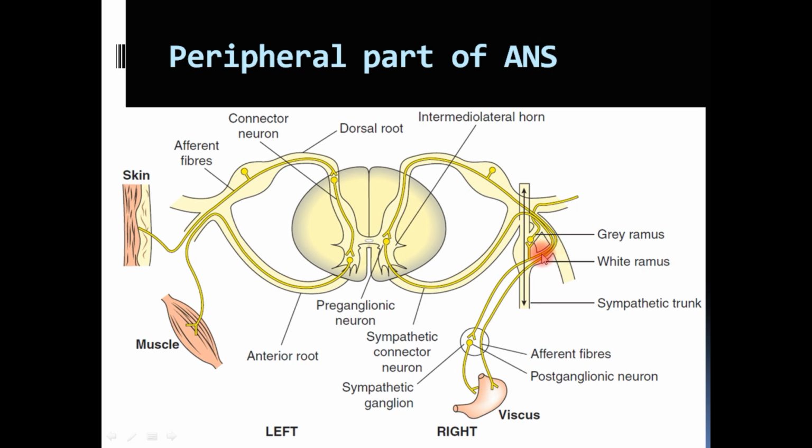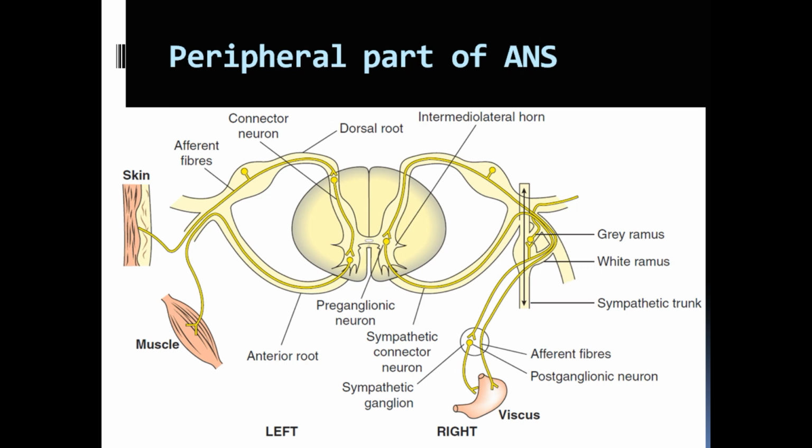So the myelinated preganglionic neurons enter the white ramus and the sympathetic paravertebral chain or the paravertebral ganglia or the sympathetic trunk. So they enter the sympathetic trunk and they have three possibilities.